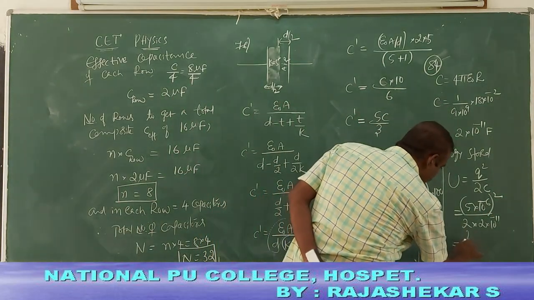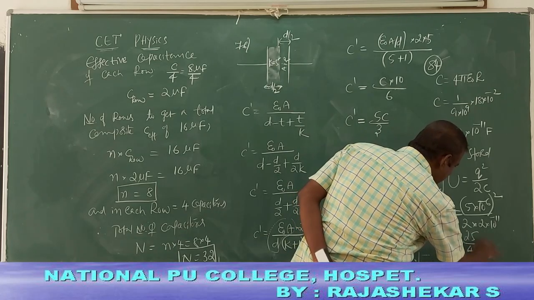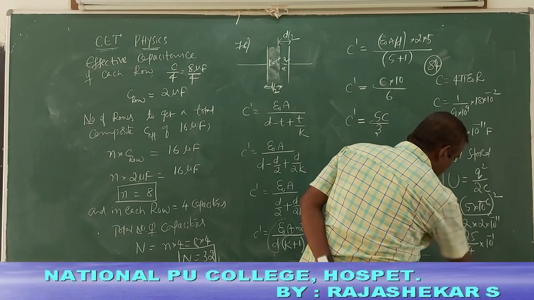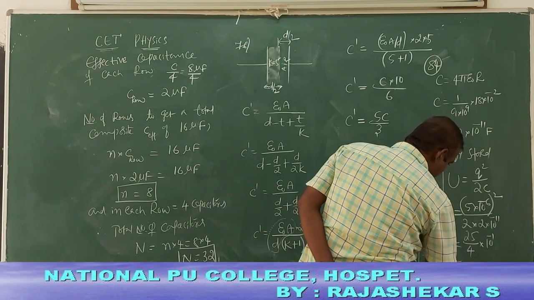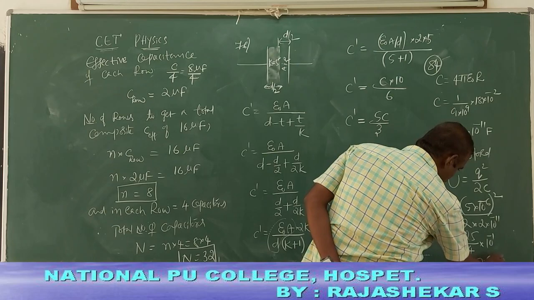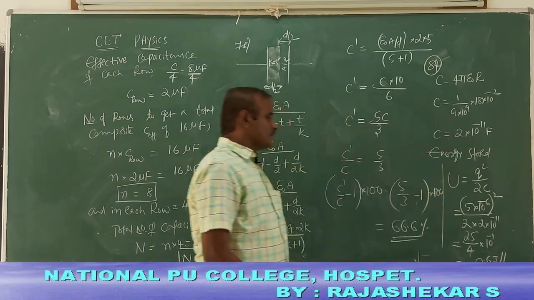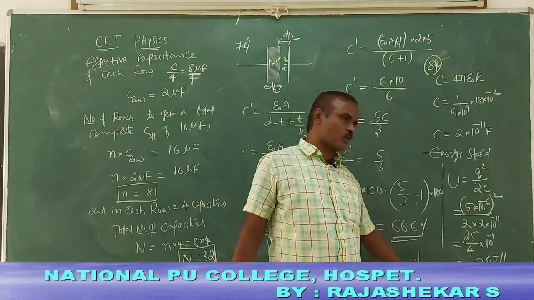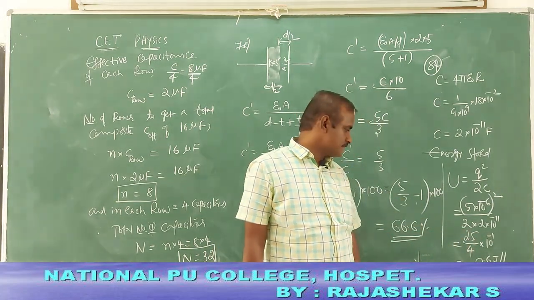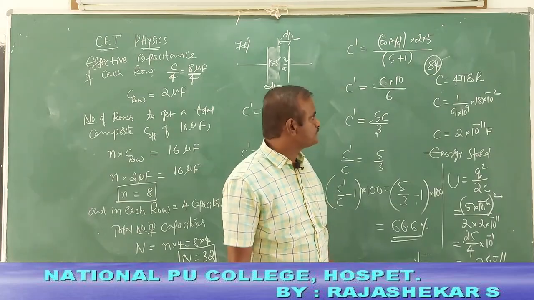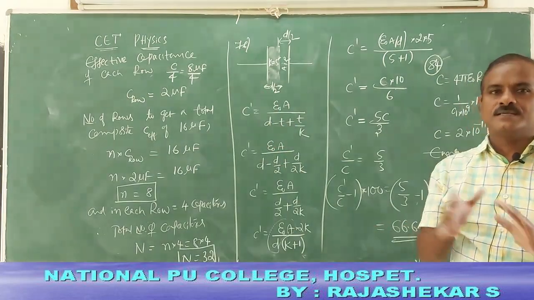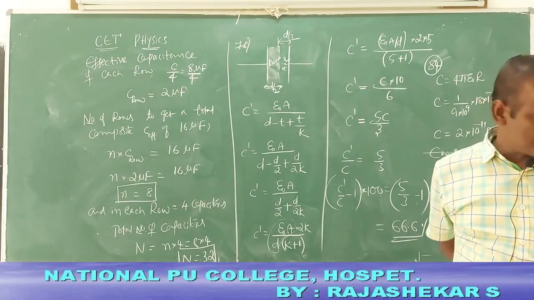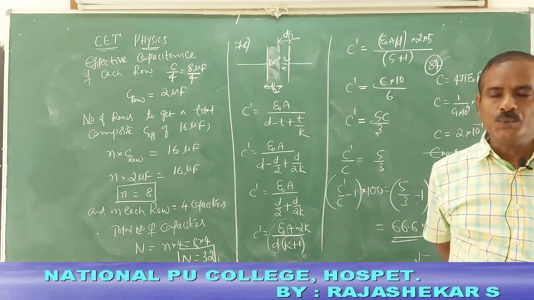This is 25 by 4, 10 to the power minus 1. Nearly this is 0.6 joule. Why? Because 4 6 is 24. 2.5 by 4, nearly 0.6 joule. Well students, we have considered some important selective CET questions from the material provided to you.